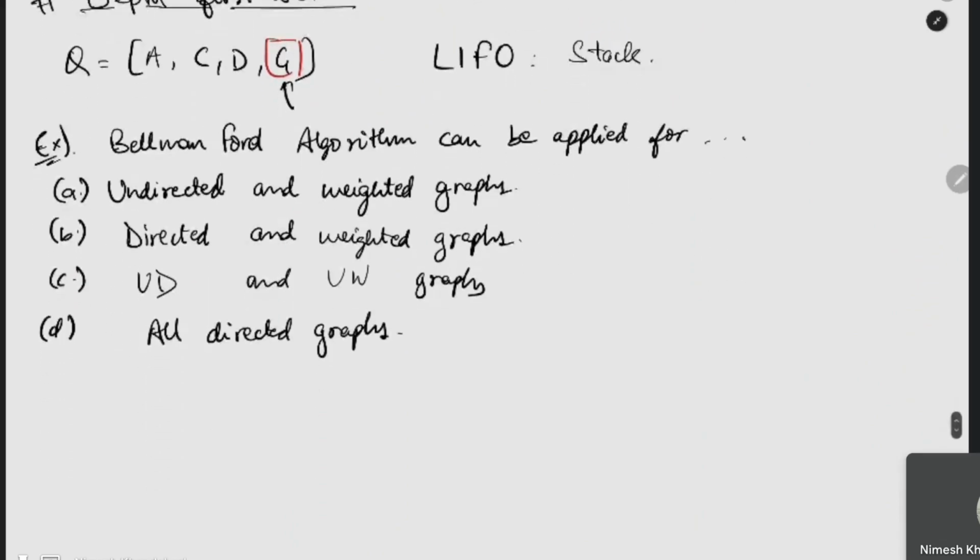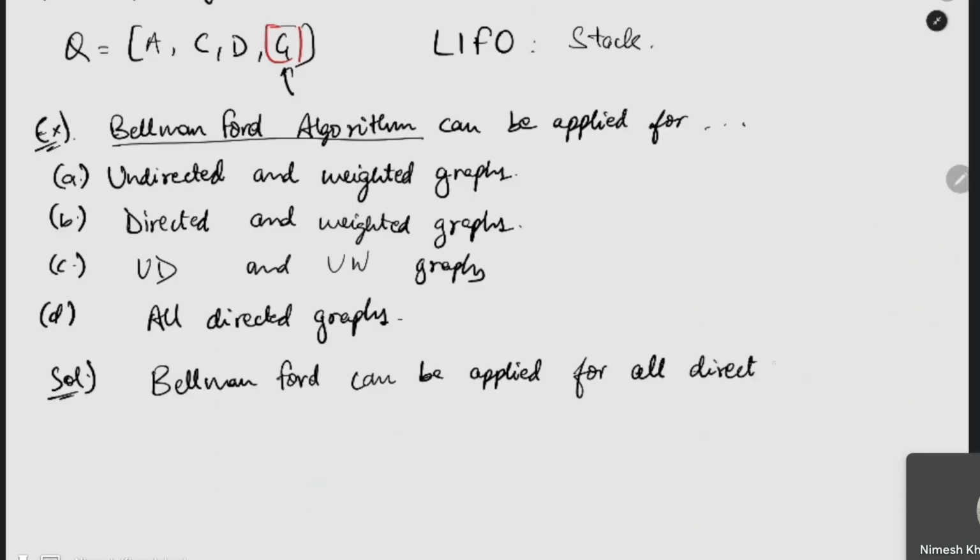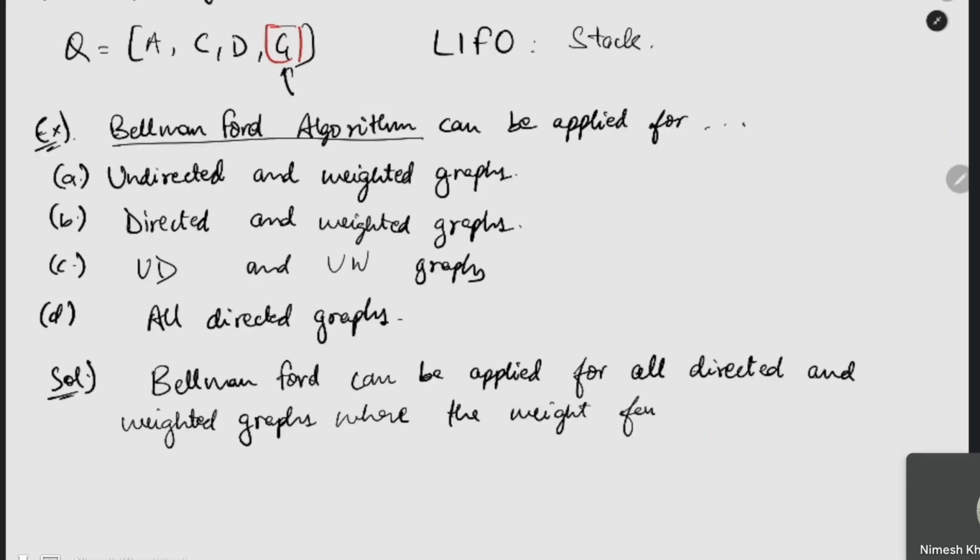Right, so of course we know that the Bellman-Ford algorithm can be applied for all directed and weighted graphs, where the weight function, for some of the graphs, can be positive or negative.